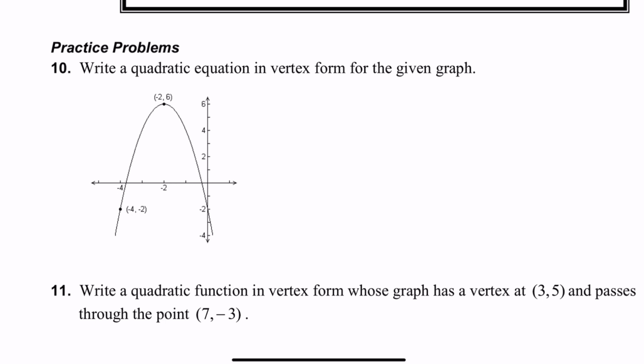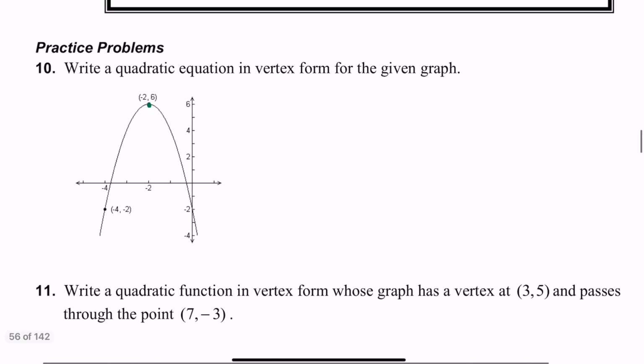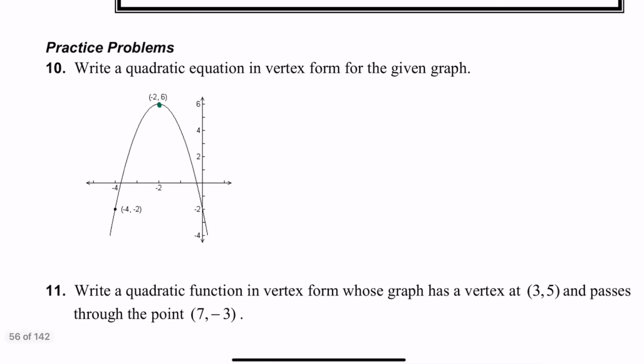Now, if you notice, we have our vertex at -2, 6. So we went left 2 and up 6 units. So I know that inside the parentheses with the x, it went left 2.